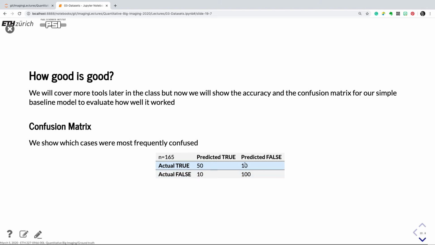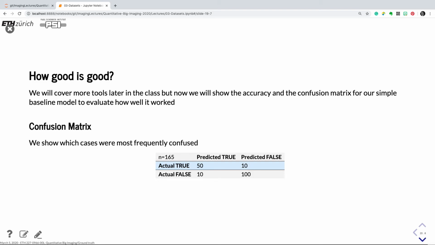Actual true, predicted false, you see here that it's not so good maybe, so it's 10 out of 50, 10 to 50 is the error here, and also you can do the same actual false, predicted true, you get some error, you predicted false for actual false, then you get 100. Ideally, the confusion matrix should have large numbers along the diagonal and small values on the areas outside.